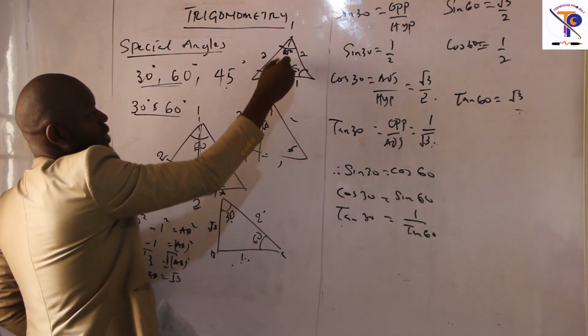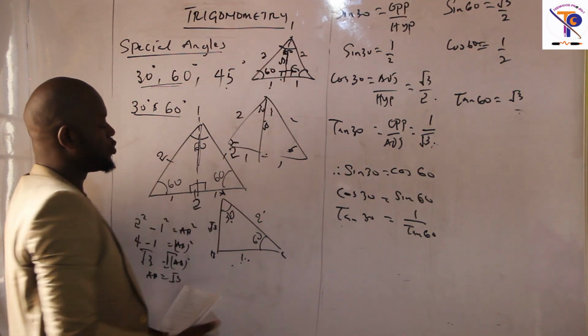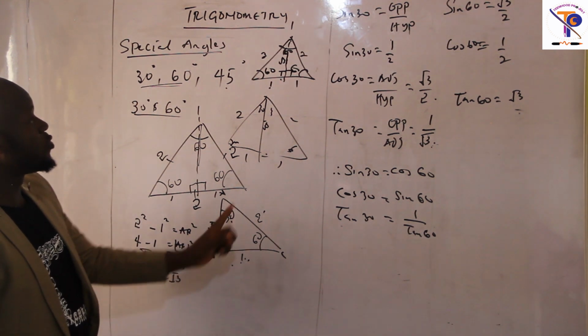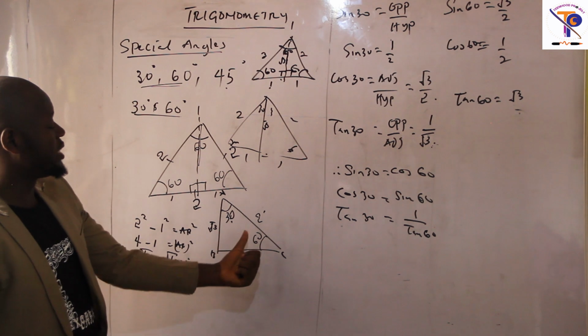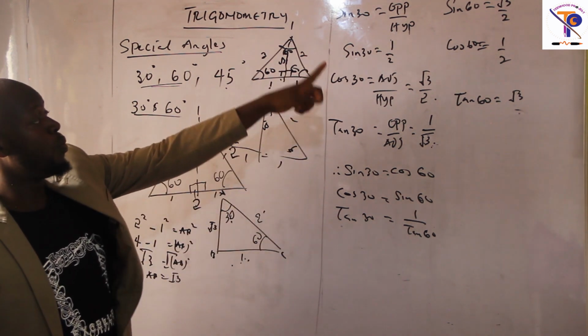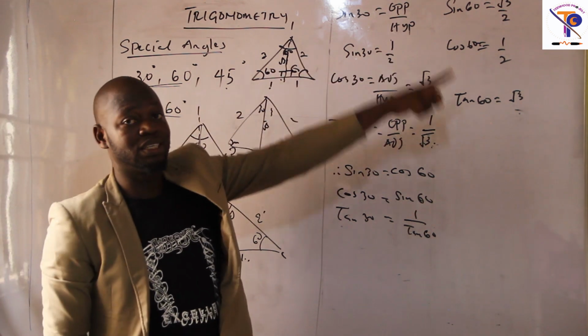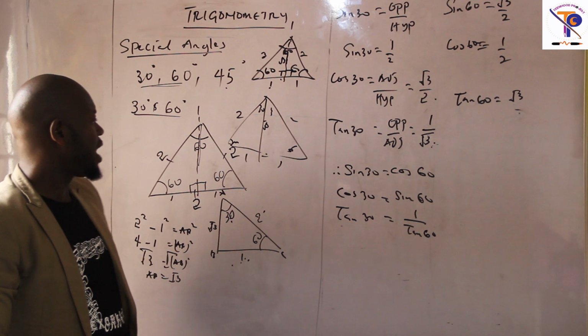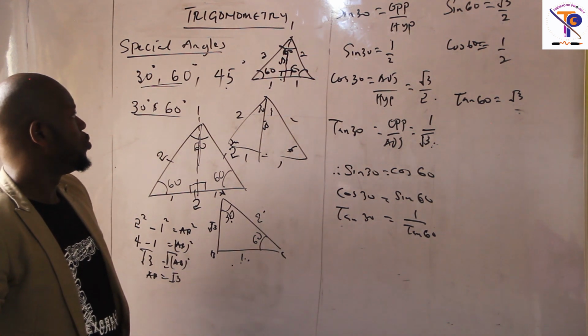So by Pythagoras, I got this one to be root 3. That was what I wrote here, root 3. So from there, opposite over hypotenuse sine, adjacent over hypotenuse cos, opposite over adjacent tan was what we used to get our 30 and 60. I hope you actually understood what I taught you.